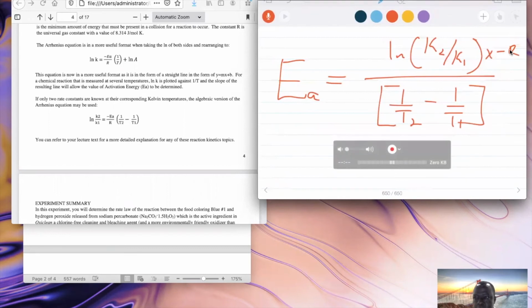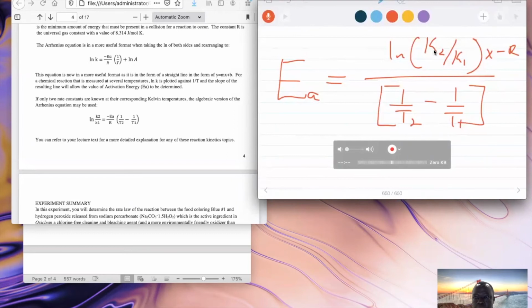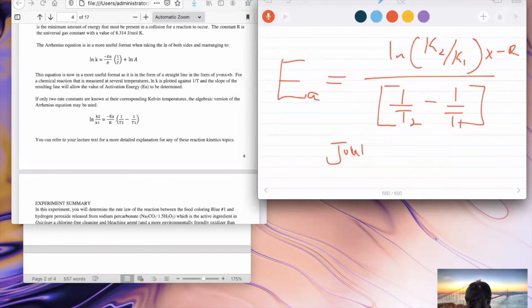That's where I have negative R. And remember the value for R is 8.314 joules per mole per Kelvin. Temperature has to be in Kelvin. We know rate constant 1, rate constant 2, take the natural log of the value, and you will get the activation energy in joules. You can change to kilojoules if you want.